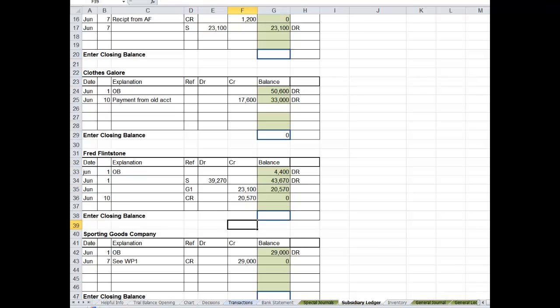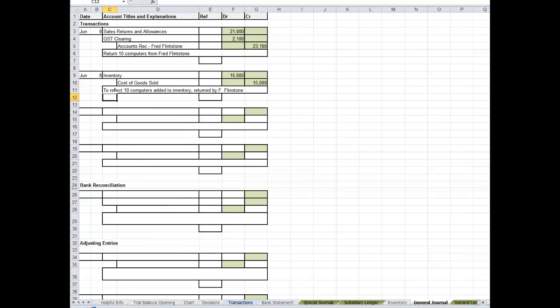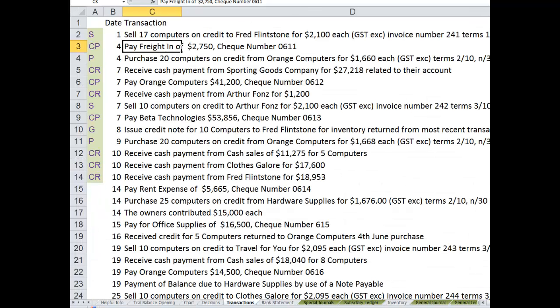And so now I need to go to the general journal and put in here a T for a tick to signify we've posted that to the subsidiary ledger. There is more to this posting reference than just that, so we'll have to come back and complete it. But not now, it happens later. So back to the transactions, and that completes those transactions.